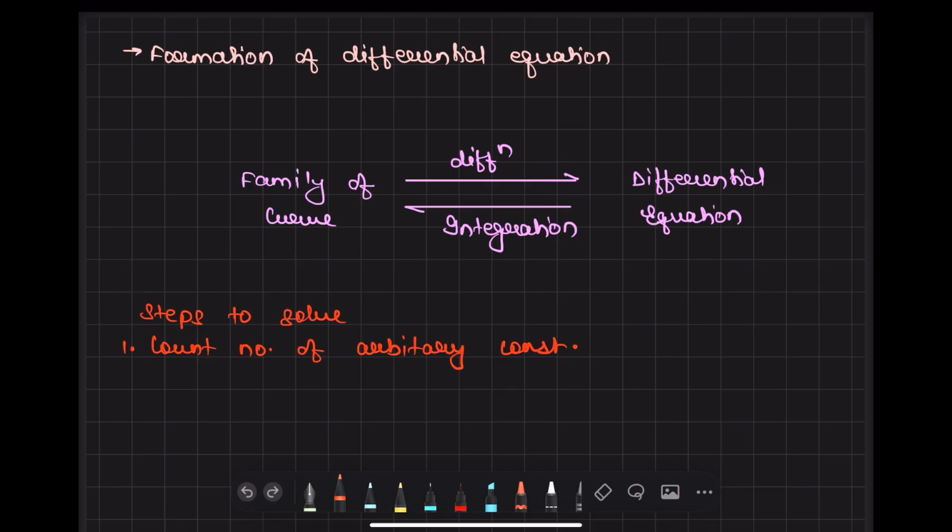Arbitrary constant means, do you remember that while solving integration we used to write the integration constant c? So c can take any value, so that c is the integration constant, and that is an arbitrary constant. So here also, first we have to count the arbitrary constants.